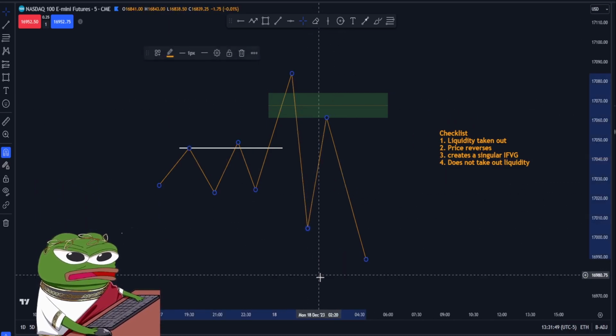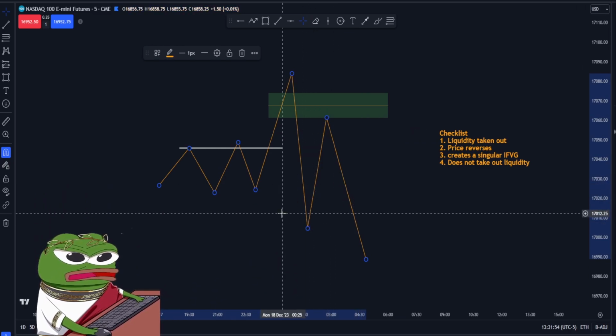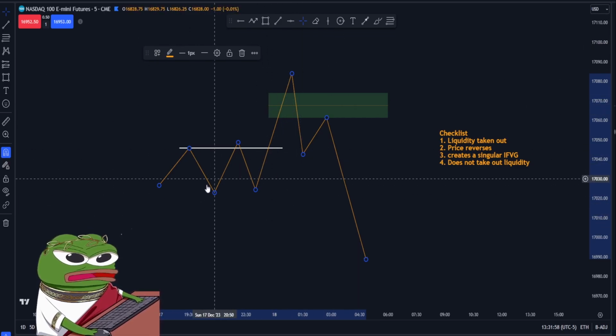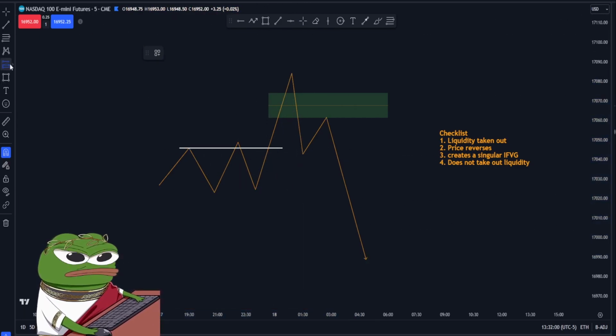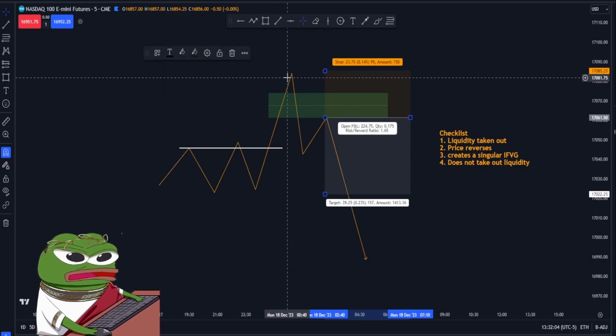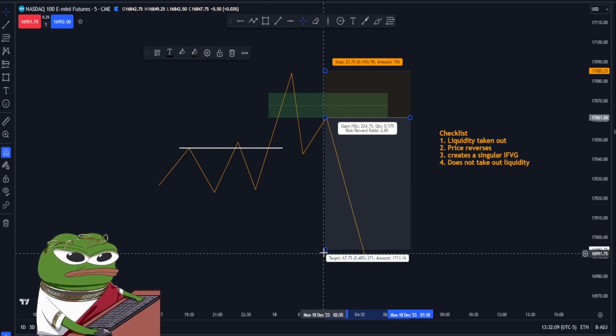So if something like this happens, you do not enter the trade and you're just waiting for your next opportunity. So inverse fair value gap, no liquidity taken out, and enter here on this inverse fair value gap. Put your stop loss here, take profit at first liquidity, and then some liquidity even below.